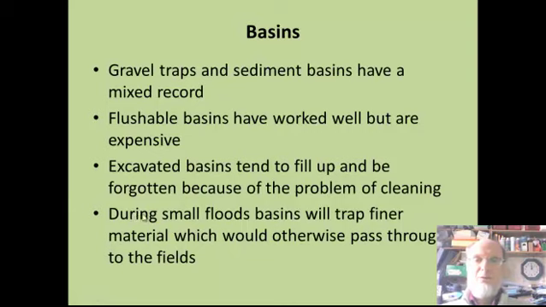And during small floods, the basins will trap finer material which would otherwise pass through to the fields. And because you need dry conditions to clean excavated basins, it may not be feasible to clean them before the next flood comes.